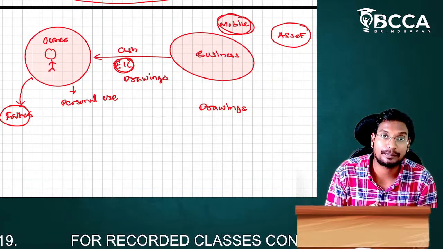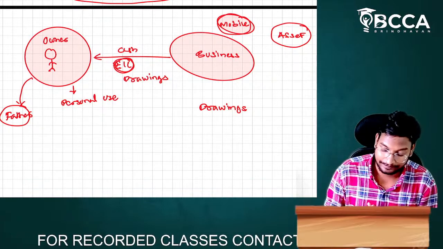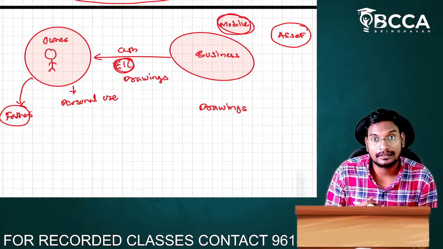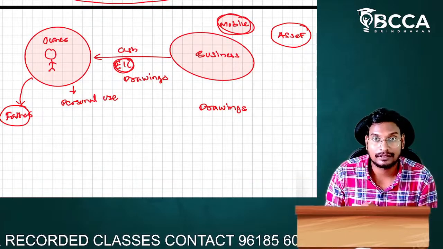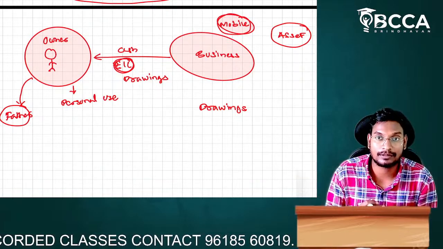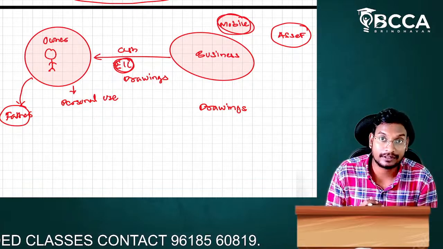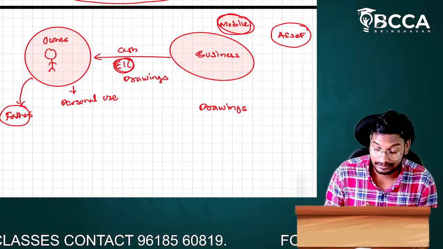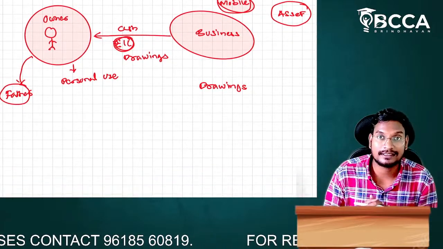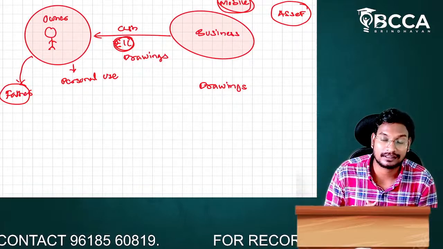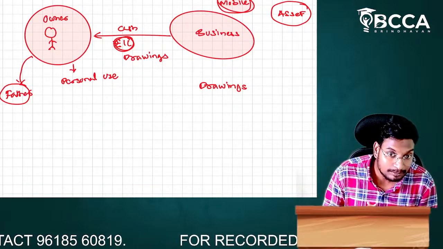Anything we have to pay is called a liability. So drawings is called an asset, but the capital is called a liability.